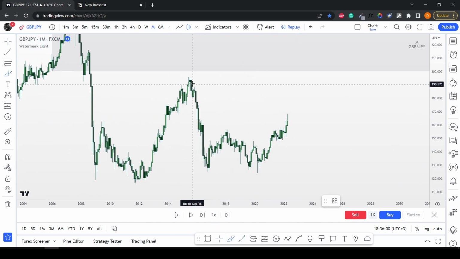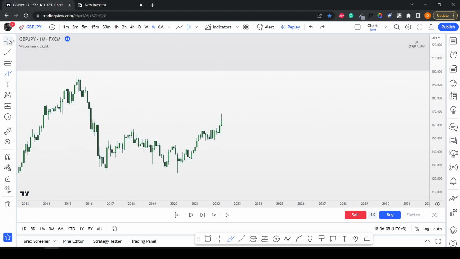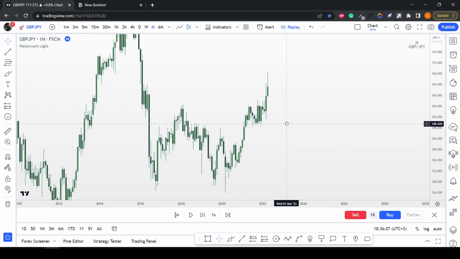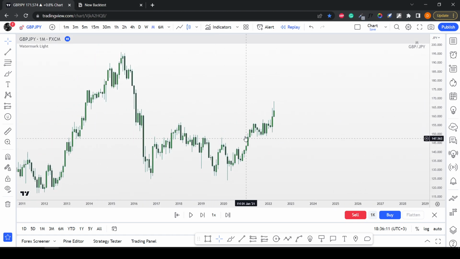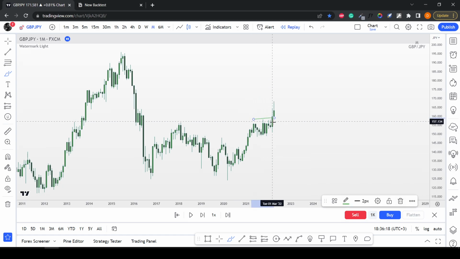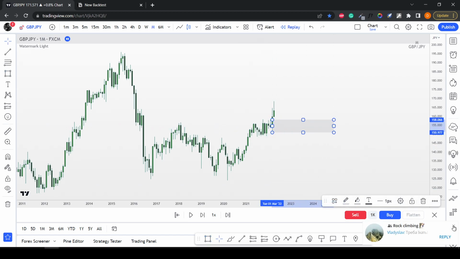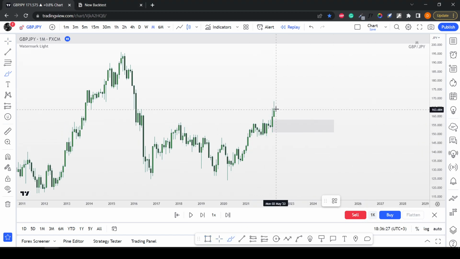This is that inside structure move on 6 months, and on monthly we are just moving bullishly after this accumulation, and recently broke to the upside. My main idea for the monthly will be that we want to continue either from here to the bullish side or from here to the bullish side.